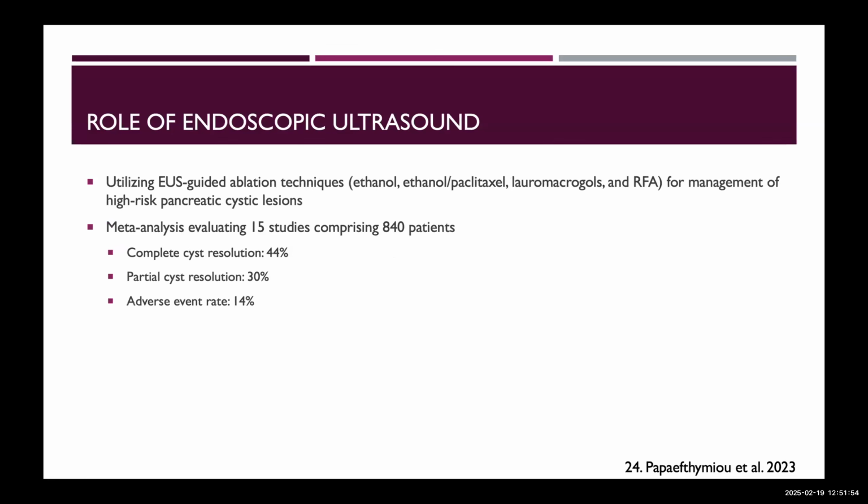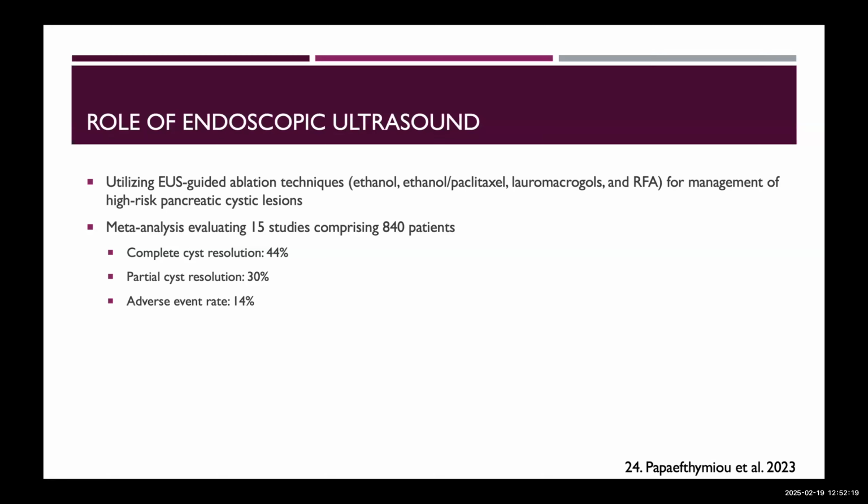And then lastly, from the EUS front, we can use EUS-guided ablation techniques. We do this routinely, or not infrequently, for celiac axis neurolysis for pancreas cancer, but here you would inject ethanol or a combination of ethanol and a caustic agent, and or burn via RFA, for high-risk pancreatic cystic lesions.